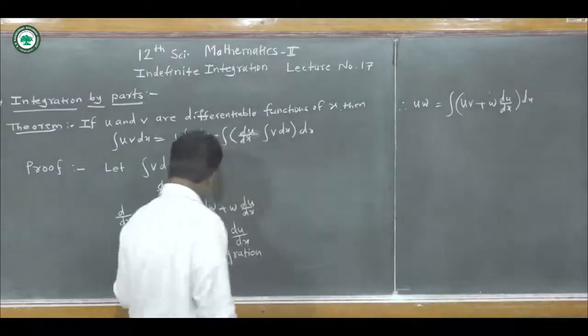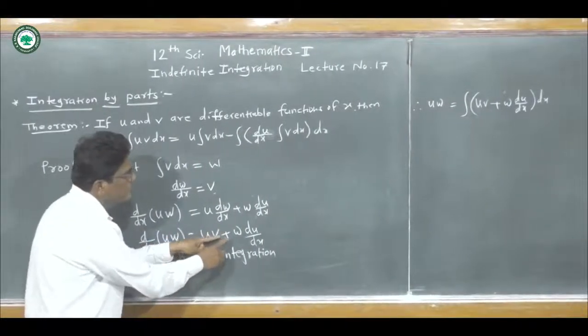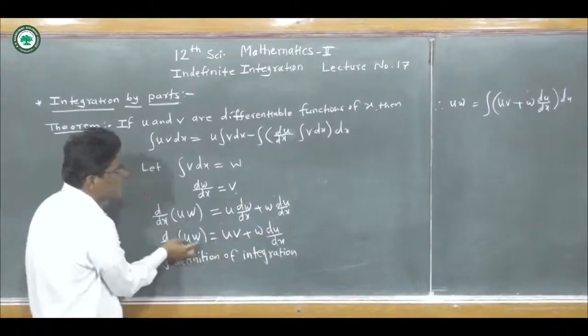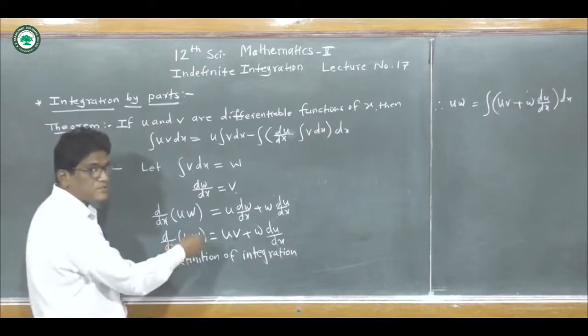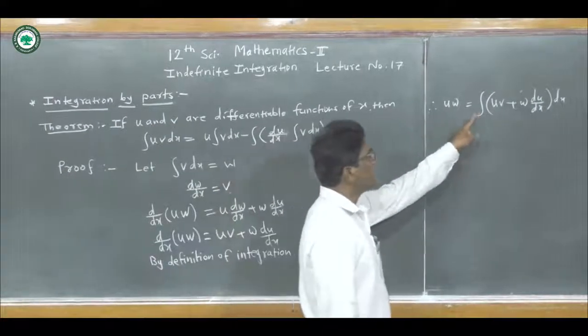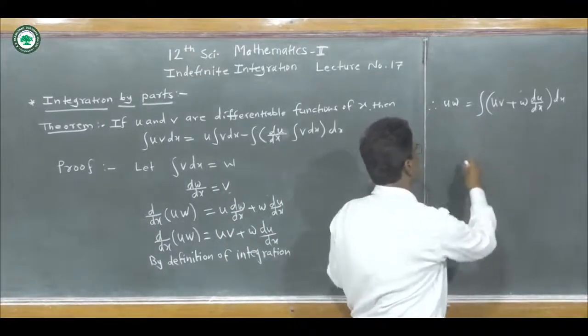Derivative of uw is equal to uv plus w into du by dx. So integration of this is equal to uw. This is the definition of integration. So uw is equal to integration of right hand side, and now we separate this integration.